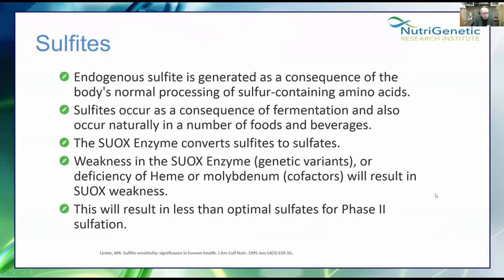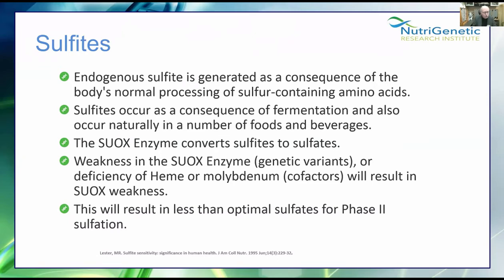Any of you who have listened to Stephanie Seneff's talks or even some of her YouTube videos, she talks about how she's very convinced that glyphosate is impacting the heme pathway, where we take succinyl CoA and glycine to make our heme. And if that's being disrupted because glyphosate is impacting the glycine receptor sites, what you're going to have happen then is you don't have enough heme, and heme is a cofactor for sulfite to sulfate conversion.